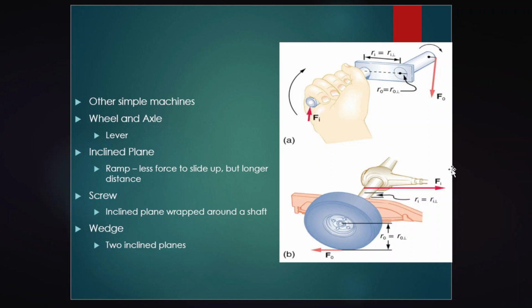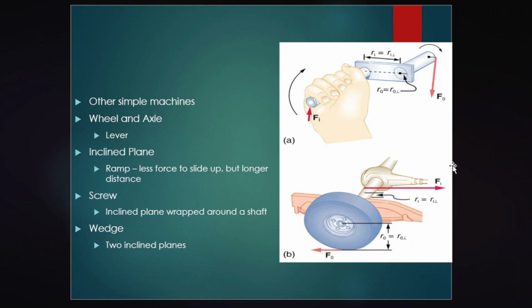Wheels and axles are basically just different manipulations of torque. Inclined planes, like ramps: if you have a really long ramp, you can use a little bit of force to push something up the ramp, but you're pushing it for a longer distance than if you just lifted it straight up.